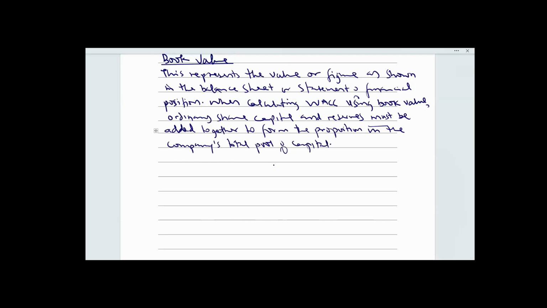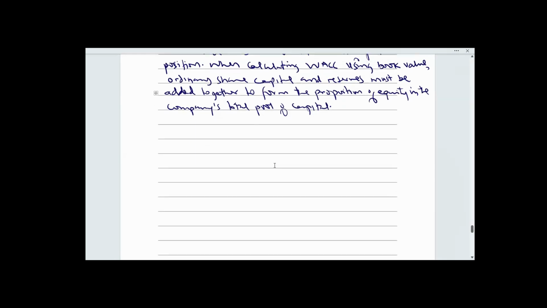Okay, so anytime you want to calculate WACC using book value, you must add ordinary share capital and reserves. This will form the proportion of equity. So this is what we're saying.